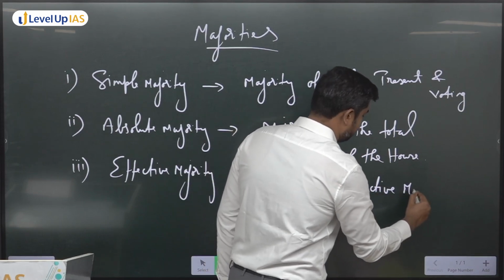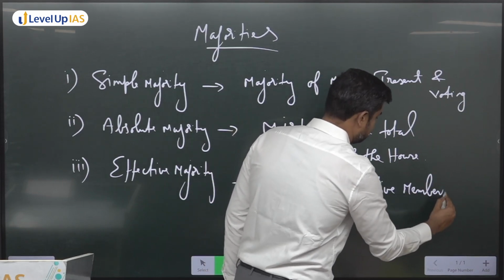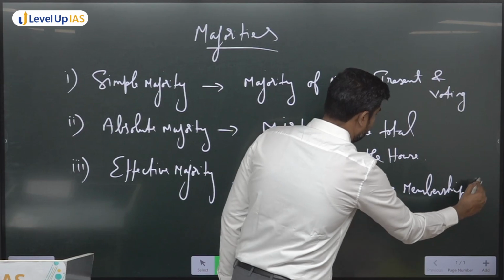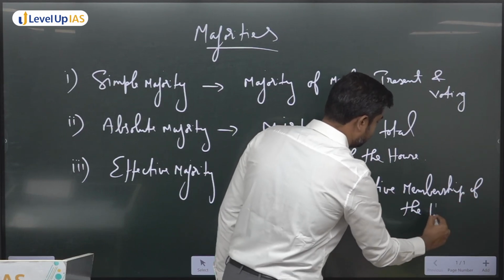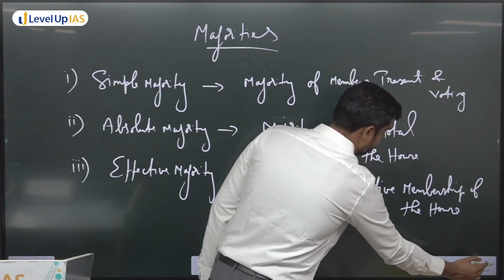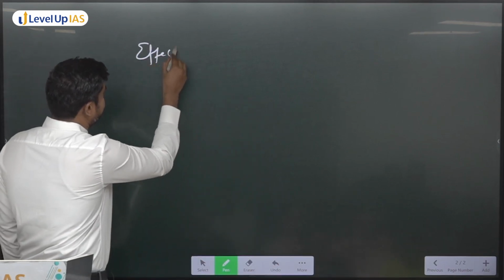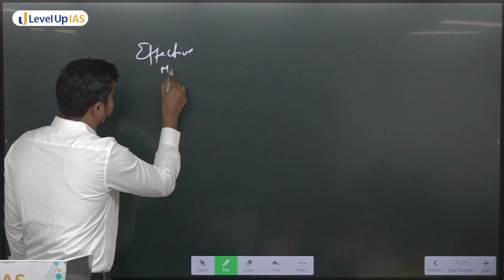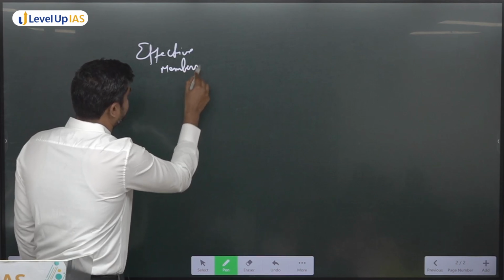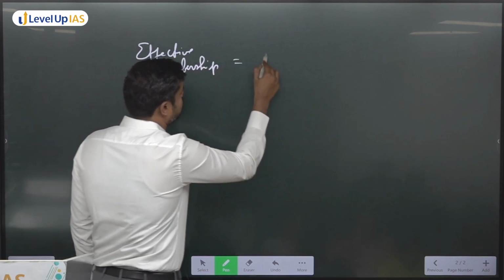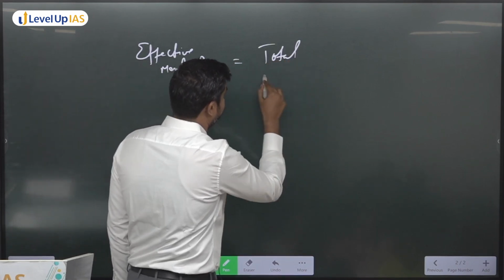It is a majority of the effective membership of the house. And how do you calculate the effective membership? Effective membership is equal to total membership minus what?